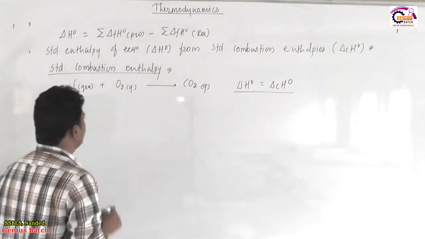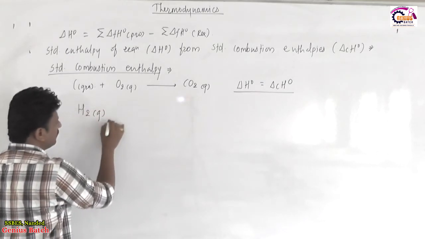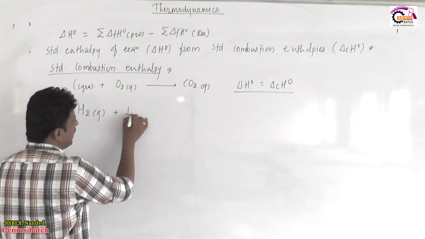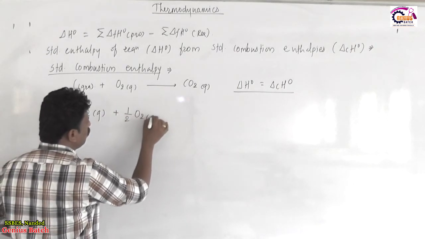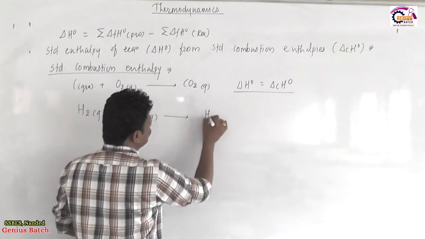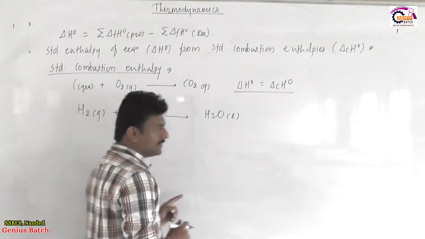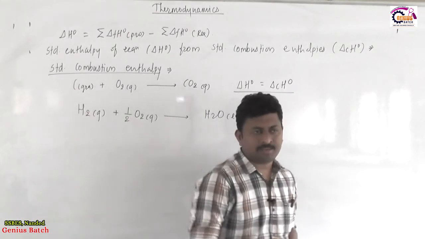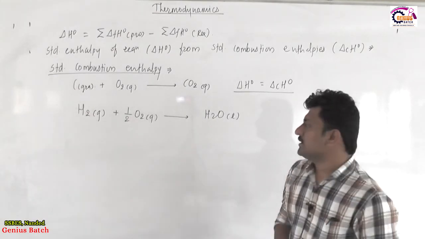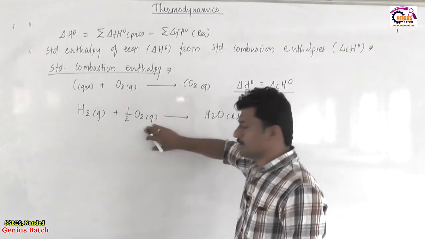Likewise, suppose hydrogen as H2 gas is reacted with half of oxygen O2 gas and it is converted to H2O in a liquid state. This is also a perfect formation reaction, as well as a combustion of hydrogen in presence of oxygen.